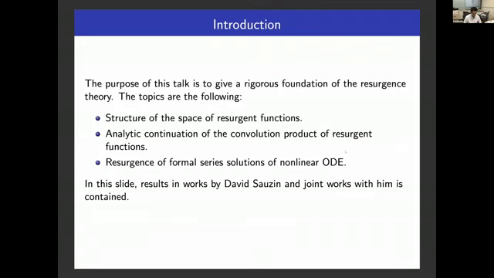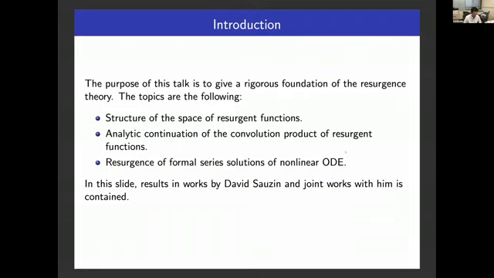Especially, we want to describe where the convolution product has a singular point in the Borel plane. I will give some explicit formula about the singularity structure of the convolution product.